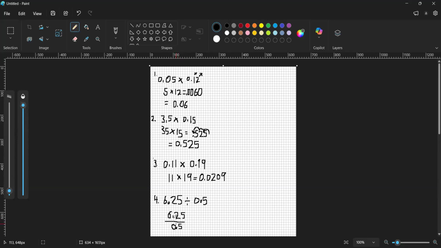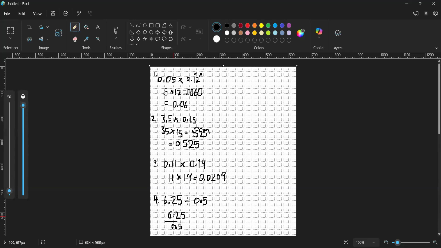Now, the next thing we're going to do is look at the number that has more decimal jumps. If you look at 6.25 and 0.5, which one has more decimal places? 6.25, exactly, correct.